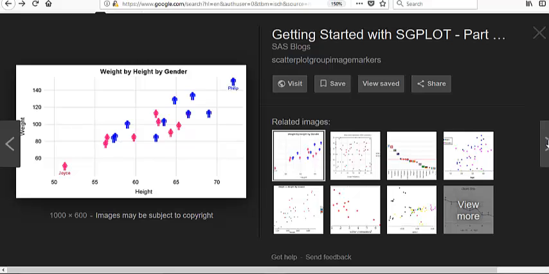They're using blue people to represent males and pink ones to represent females. And so you're just looking at height versus weight in general, and we know that has some effect.